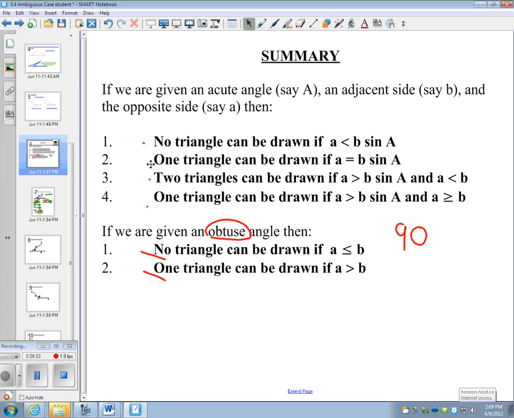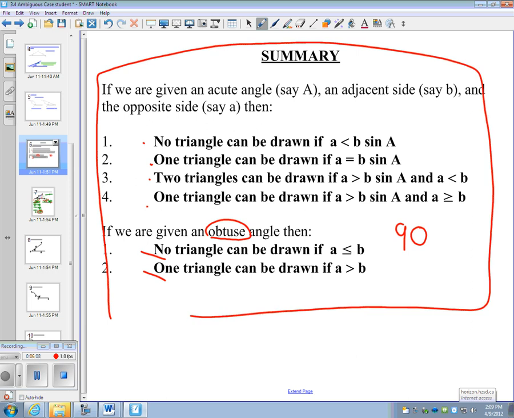So keep this page that you have printed out in front of you for every single problem you do in this section, always referring back to this. Remember that you might not be given the letters A, B, C. You can either relabel or just know that you're talking about the height. The angle you're given is here, and you're always comparing it to the height, that B sine A.